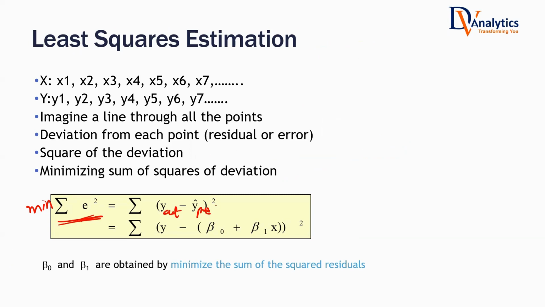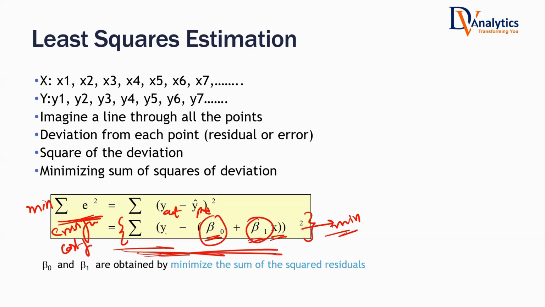Y actual minus y predicted, whole square, needs to be minimized. Now what is y predicted? Beta naught plus beta 1 x. This function needs to be minimized. This is called the cost function or the error function. We need to find such beta naught and beta 1 that will minimize this whole function.